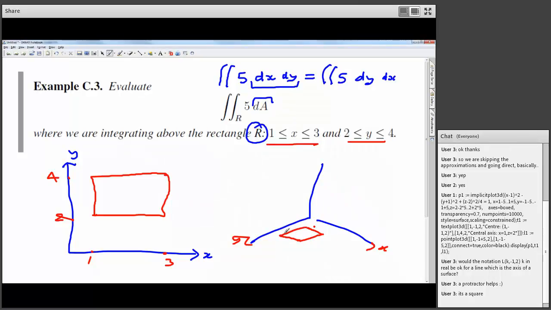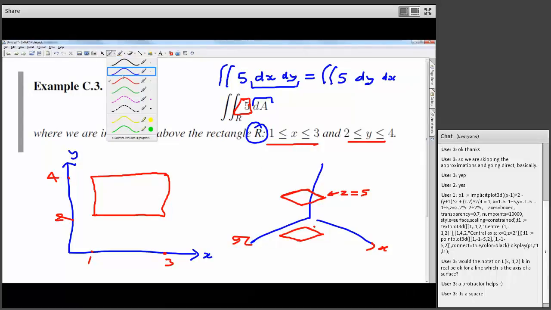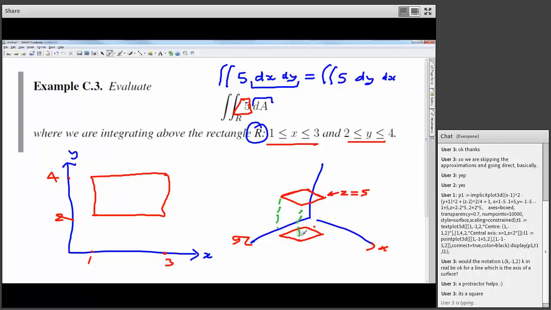And I have a function, and the function I've got is 5 everywhere, which I actually can draw. So the actual surface that I'm trying to integrate and work out the volume under is this one here, which is at a height of 5. So the Z value is 5. Put some dots here. So that's my surface.